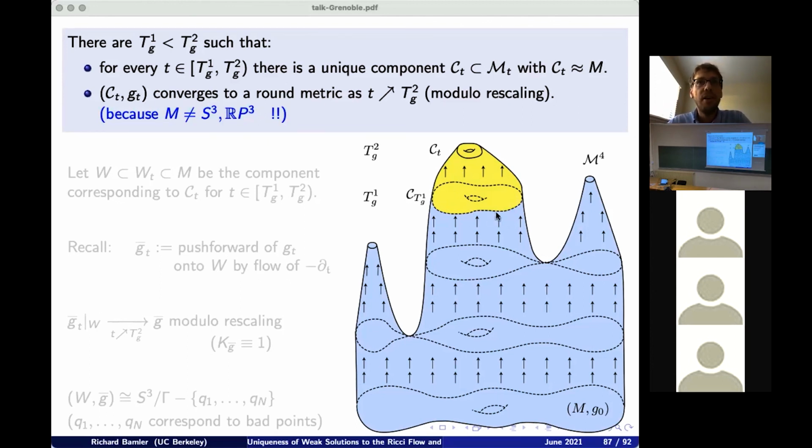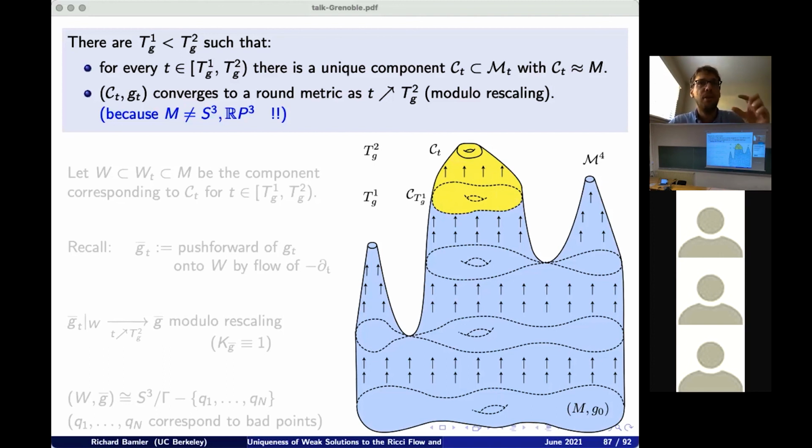Now, eventually the geometry will be close to a round spherical space form, and this will imply that the flow will go extinct at some point here and converge, modulo rescaling, to some round metric.